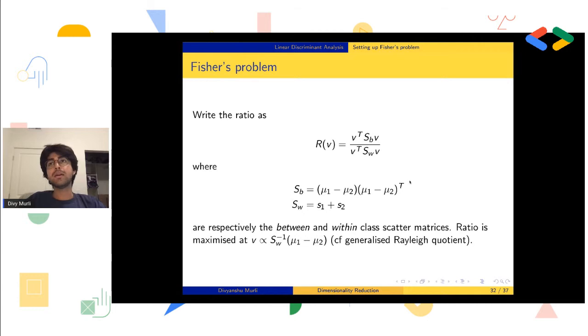The maximum value of this is the maximum generalized eigenvalue of this system, with the corresponding eigenvector. Incidentally, this matrix SB is a rank 1 matrix, so it's a lot easier to work this out. It's like a column times a row, which is the definition of a rank 1 matrix.